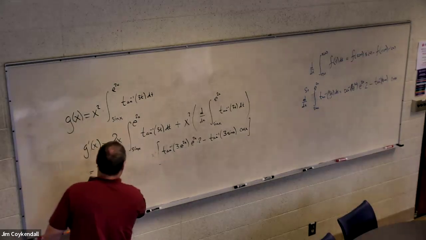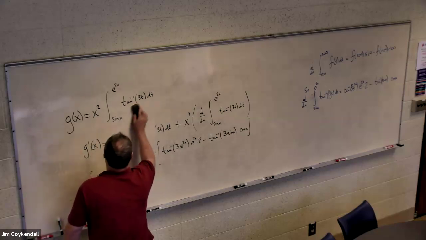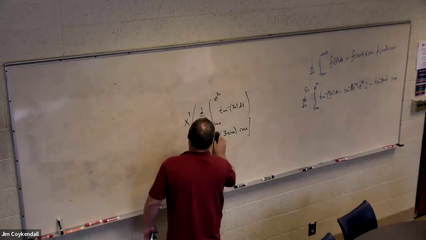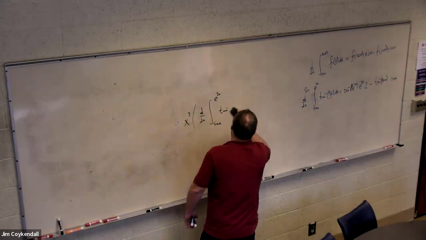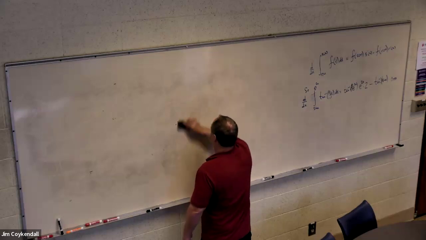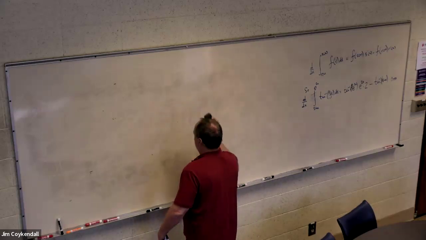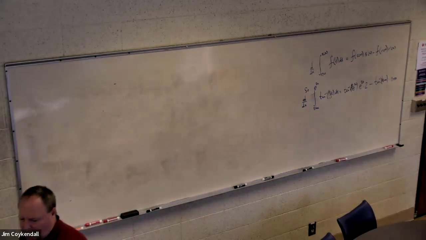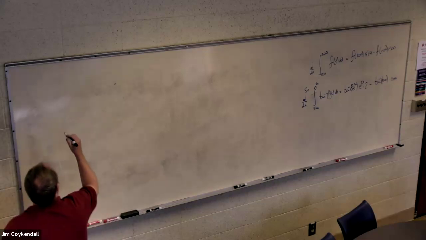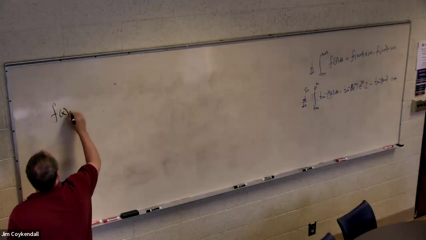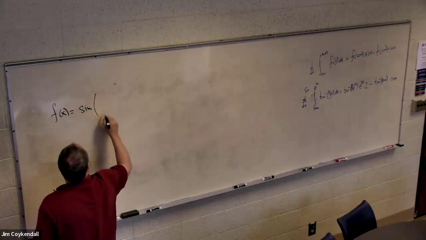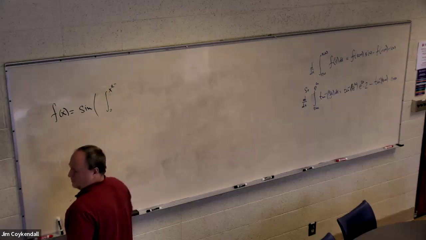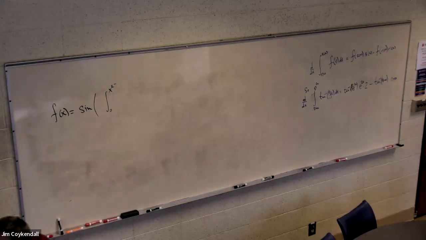So let's then look at that other problem, which is 1A. F of x is the sine of some mess, the integral from 0 to x squared of cosine of t squared.